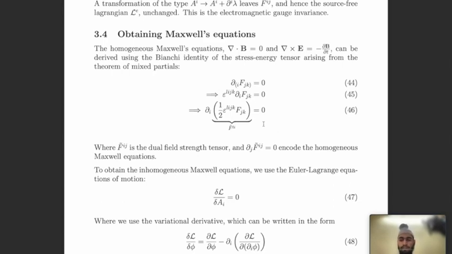This is exactly equivalent to our homogeneous Maxwell equations, which are the divergence of B being 0, and the curl of the electric field being minus del B by del t.